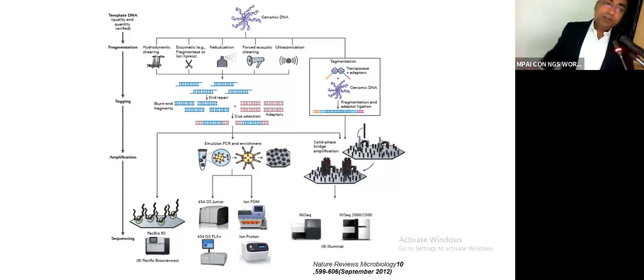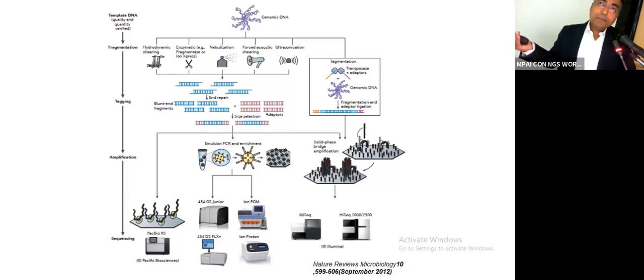And once you have got your DNA, you fragment your DNA, because you need fragmentation, and there are different protocols for fragmentation. Then you do your tagging, which is end repair and tagging, and subsequently the adapters. These are sequencer-specific adapters, and subsequently the amplification happens of the regions that you want to sequence.